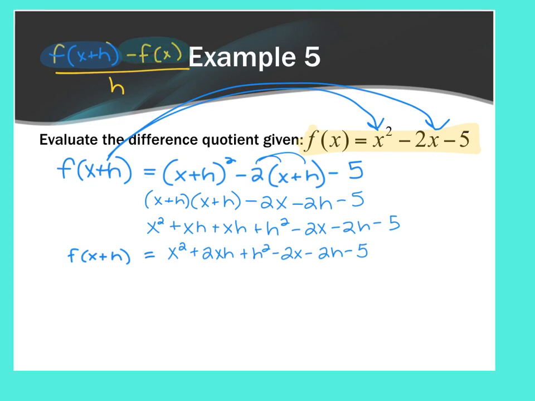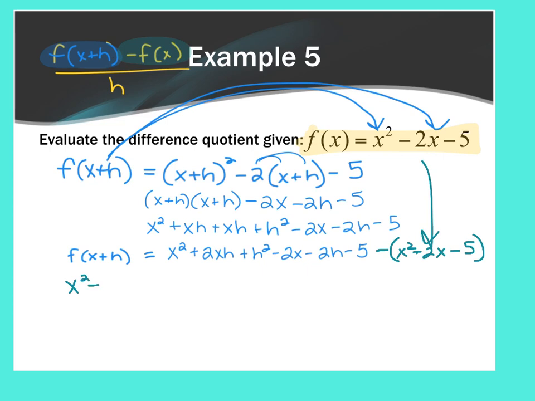Now I have to subtract from it f of x. What's f of x? This whole thing, x squared minus 2x minus 5. My original function is my f of x. I'm going to distribute that negative.